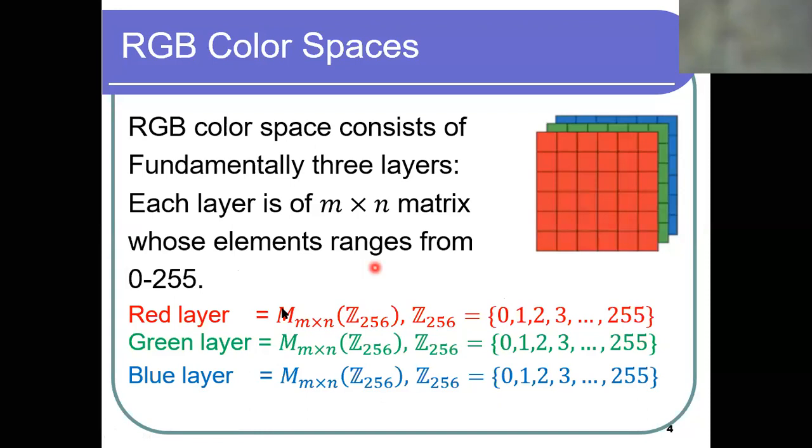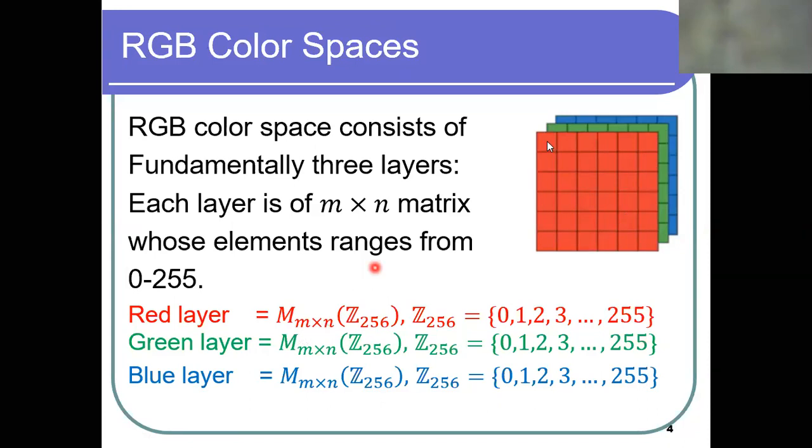So a red layer consists of an M cross N matrix. If I say 1, 2, 3, 4, 5, 6 by 1, 2, 3, 4, 5, 6, this is a matrix of 6 by 6 having 36 pixels. The green layer is also a 6 by 6 matrix; here M is 6 and N is 6.